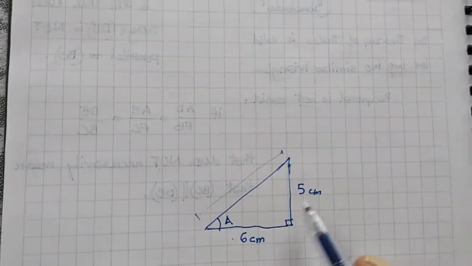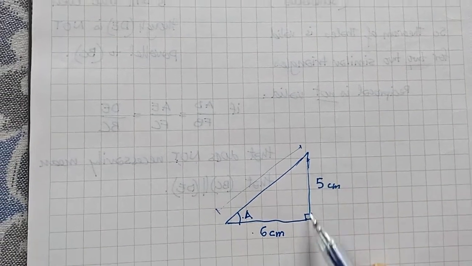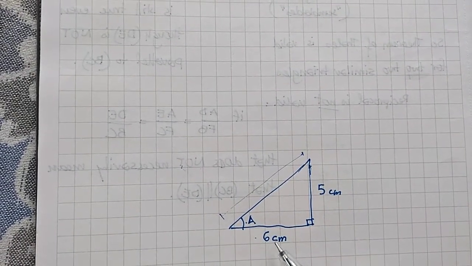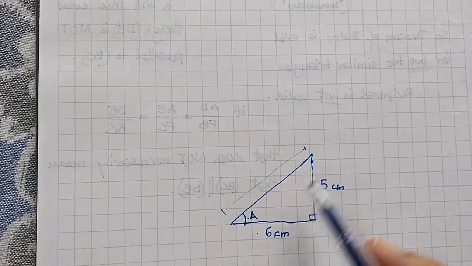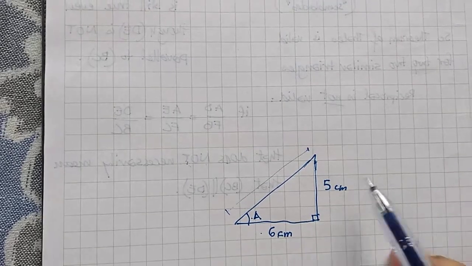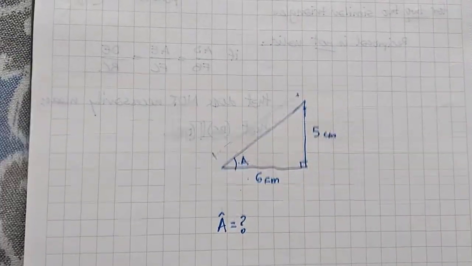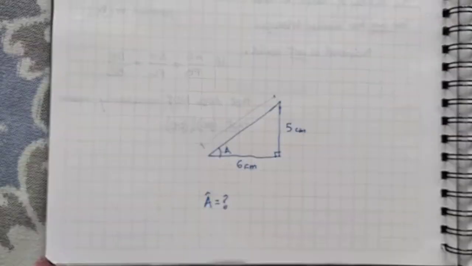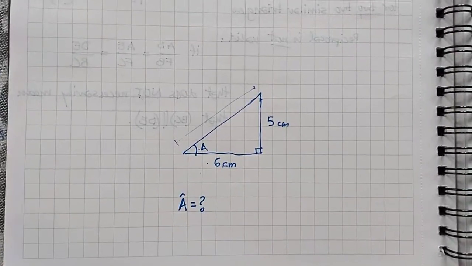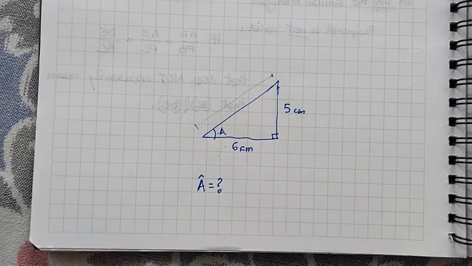Given this angle, you can find out the sides. If one side was given and this angle was given, you could calculate that using tan, you could calculate that using sine. But suppose the sides are given and you are asked to find the angle. This is the inverse of the trigonometric functions, and this is what we will do in the next video: how to use your calculator, because this is also stored.